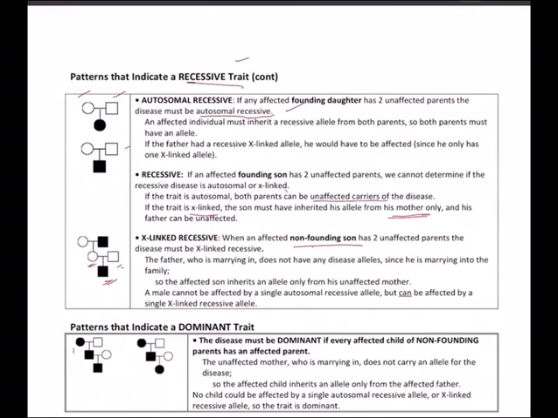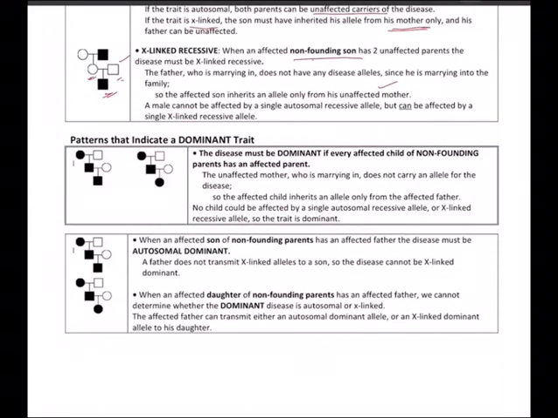The father who is marrying in does not have any disease allele since he is marrying into the family. So the affected son inherits an allele only from his unaffected mother. She is a carrier. A male cannot be affected by a single autosomal recessive allele but can be affected by a single X-linked recessive allele.